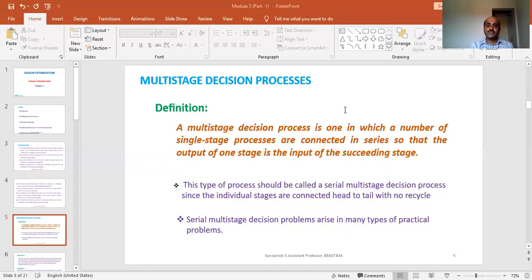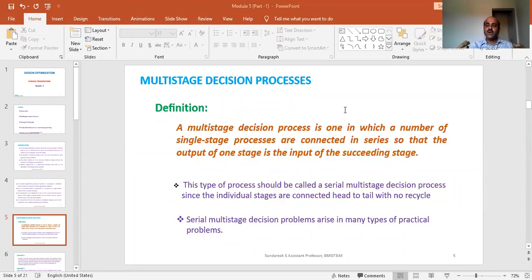This type of process is called a serial multi-stage decision process, since the individual stages are connected head to tail with no reset. The output of the first stage will be the input to the second stage, the output of the second stage will be the input to the third stage, and so on.